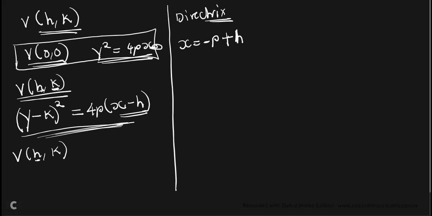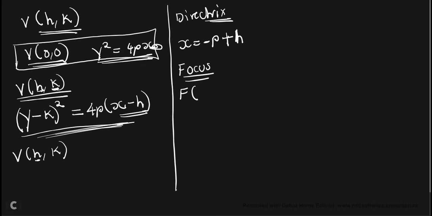Then what else? What we call the focus. In this situation the focus is still in the x-axis, because the directrix is in the x-axis, and the focus is also supposed to be in the x-axis.